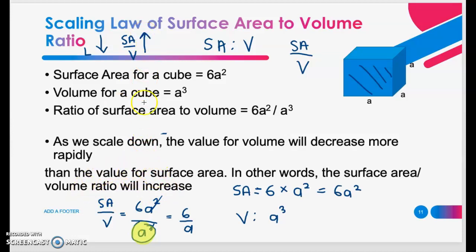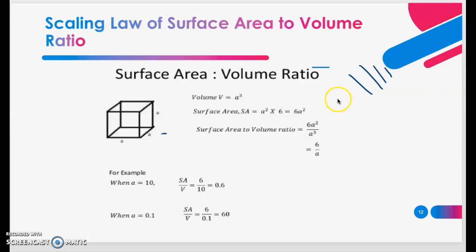Why? Because the surface area gives more impact compared to the volume, because the volume here is a cube, but the surface area here is 6A squared.